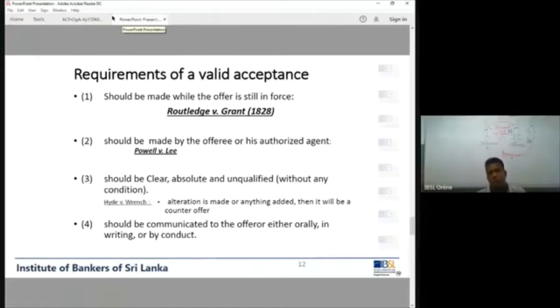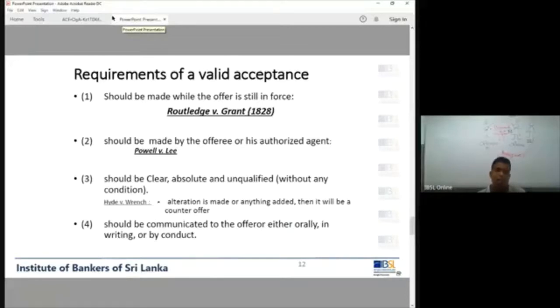So you need further time to consider. If you say like that, that is not an acceptance, right? It has to be final. When you say, I accept the offer, that shows it's very clear. It is absolute, no more room to consider.